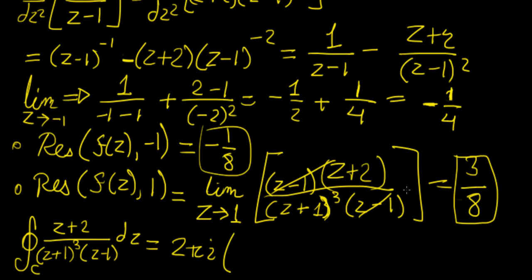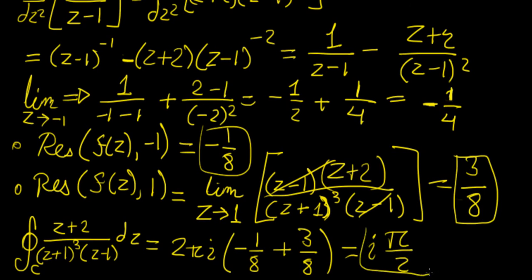So in this case we have minus 1 over 8 plus 3 over 8, that's 2 over 8, and that's 1 over 4, so 2 pi i times 1 over 4, so i pi on 2 should be the answer.